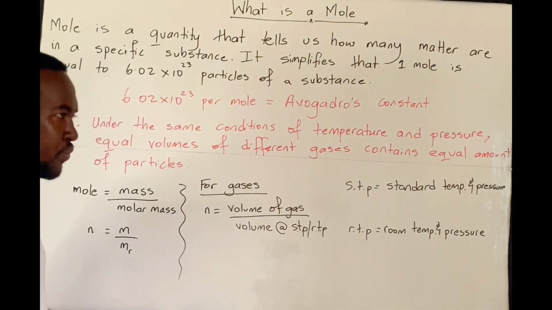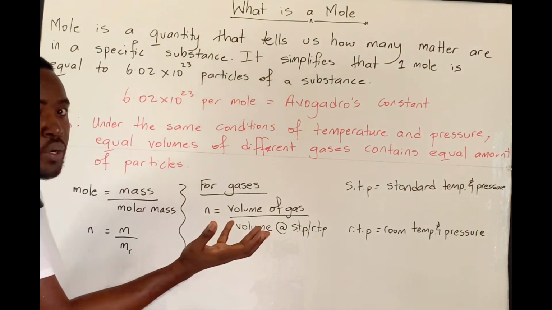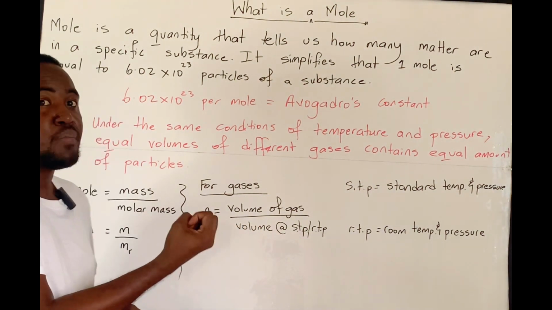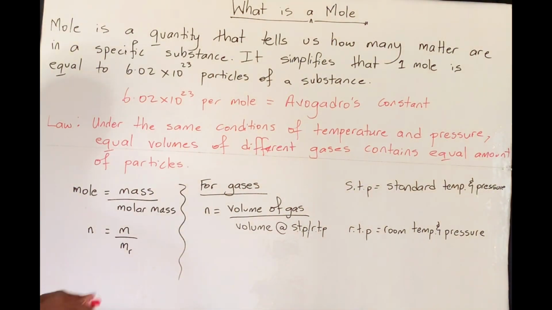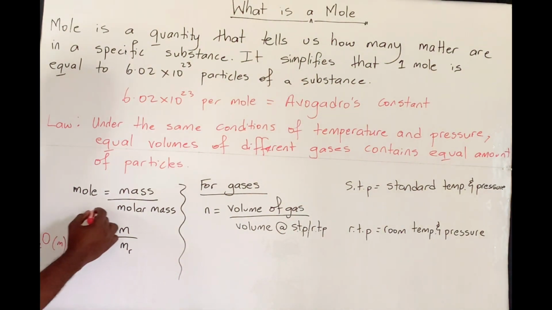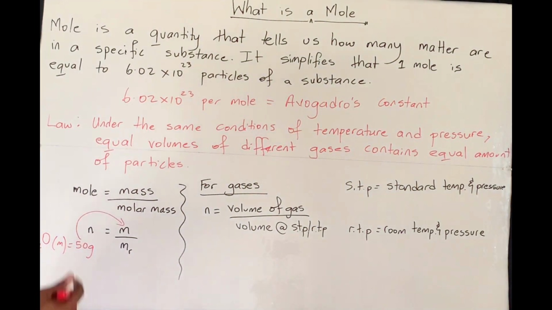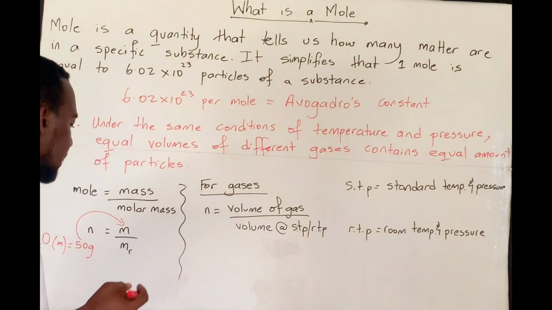So therefore, if we have a container here of water, right, and we measure and know the mass of this water, and we get that the mass of the water is 50 grams, right? So that quantifies how much water is in this glass.